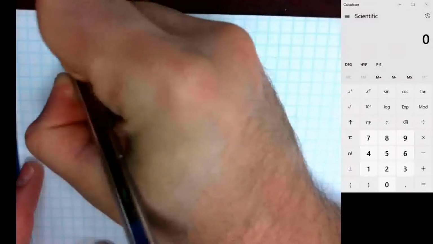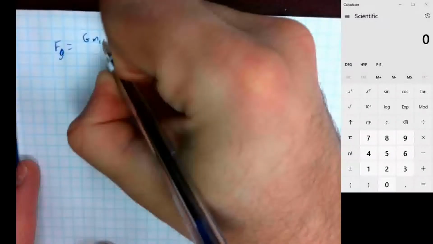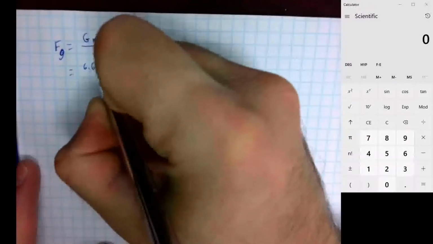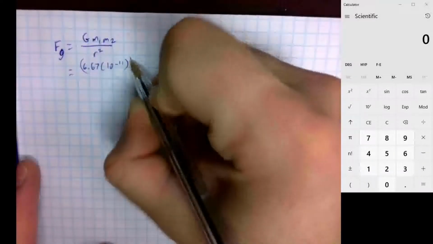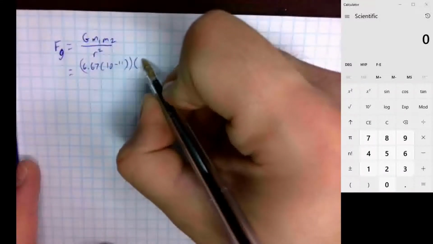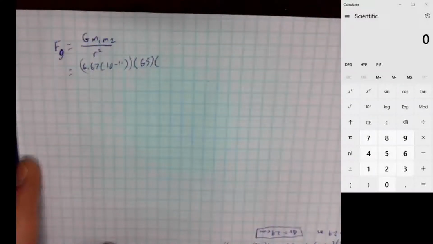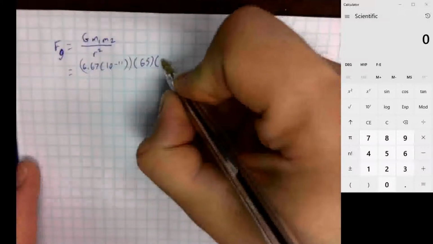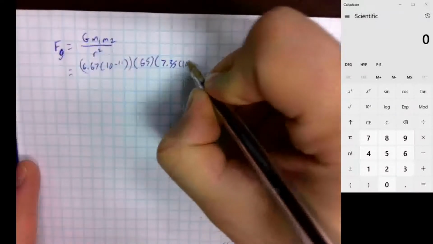So we have Fg for this question. Sorry, I should put a lowercase g. Is our big G times our m1, m2 over r squared. And our G is 6.67 times 10 to the negative 11. That's our G value. Our astronaut is 65 kilograms. The mass of our moon is 7.35 times 10 to the 22.